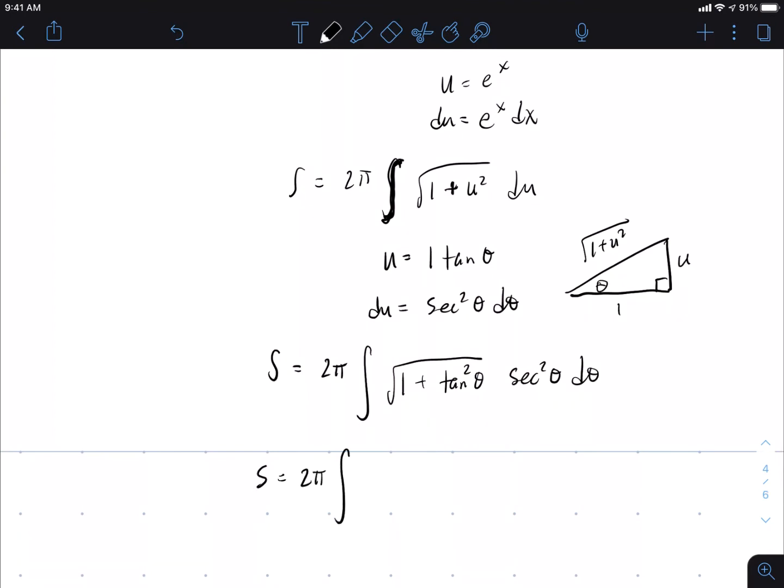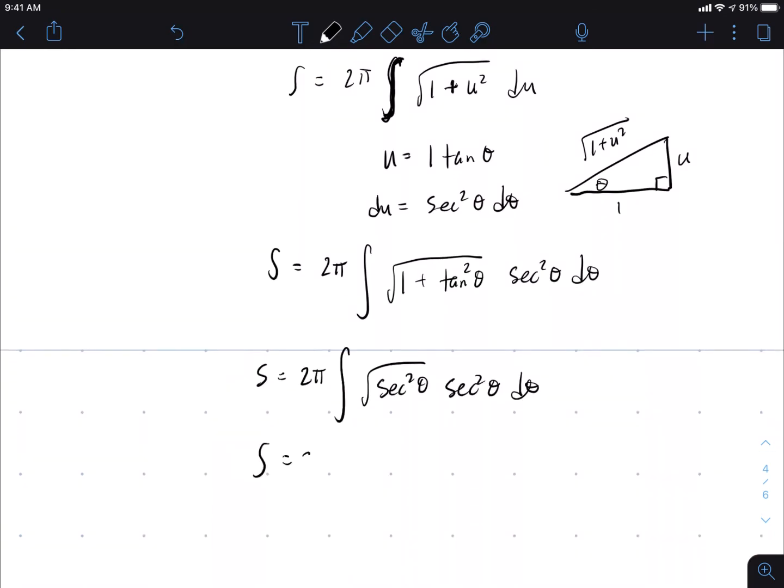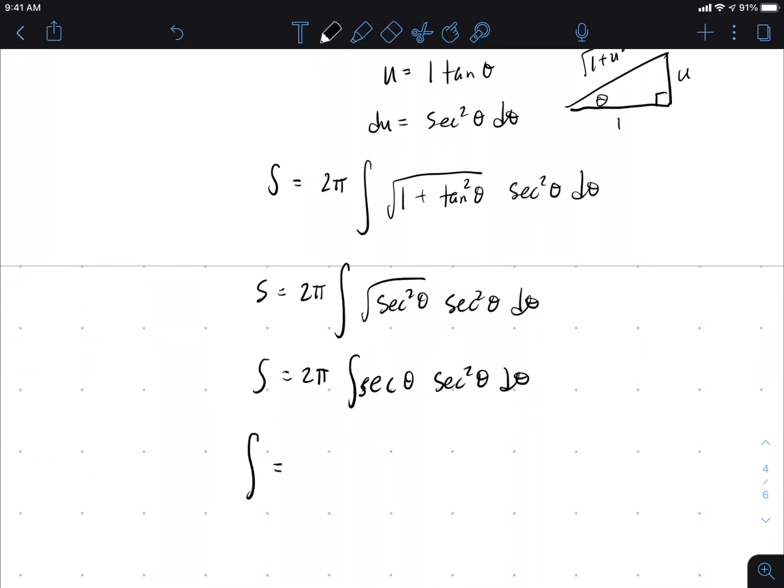Which will then become secant squared theta d theta, but one's under the root, so that's going to become 2 pi secant theta secant squared theta d theta, which is going to be the integral of 2, what am I doing? That's S, not integral. 2 pi times the integral of secant cubed theta d theta. And what's the technique of integration for secant cubed theta?